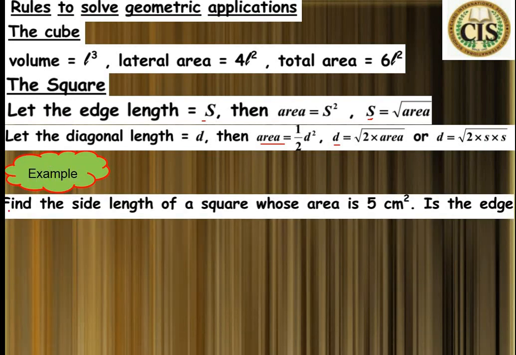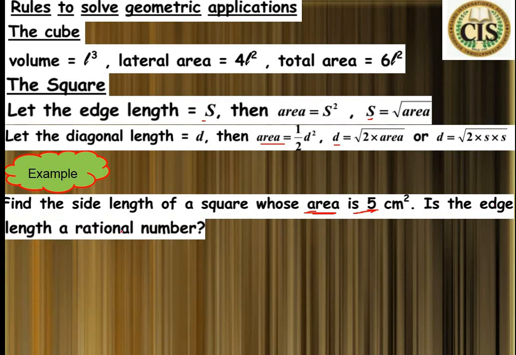Example: find the side length of a square whose area is 5. Focus here. The area is 5, not the side length. He gave us the area.